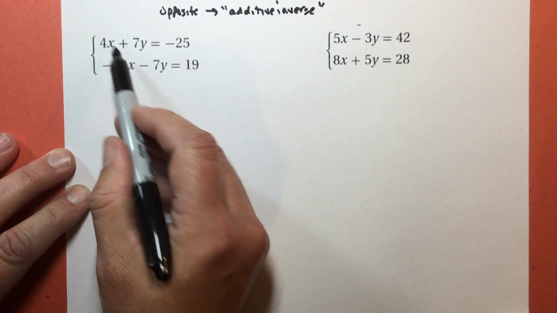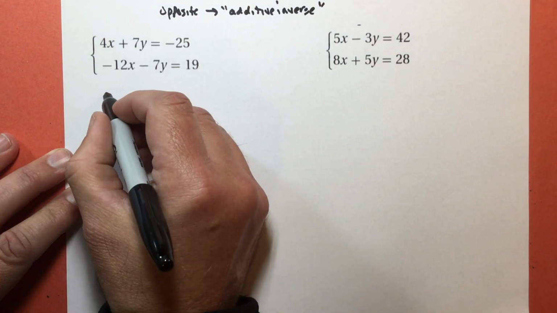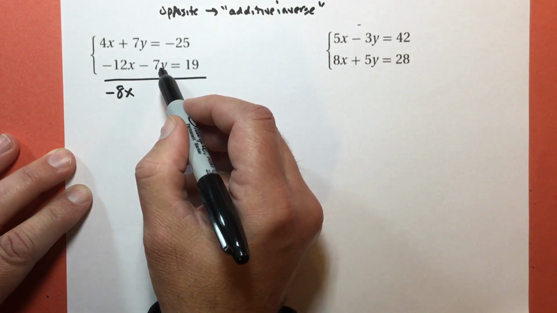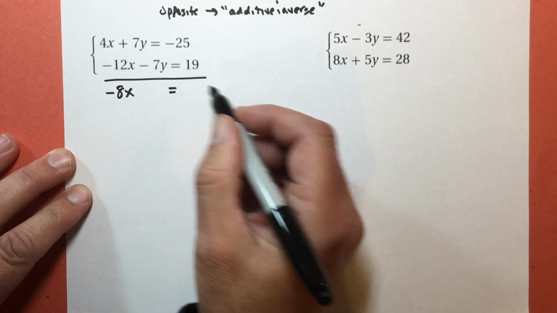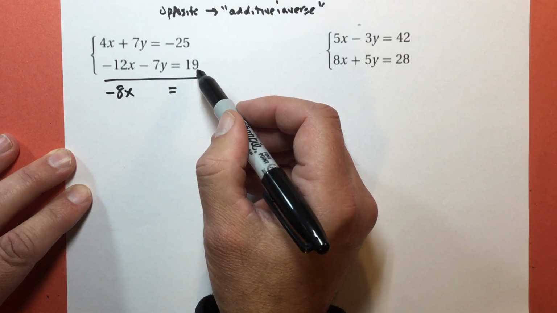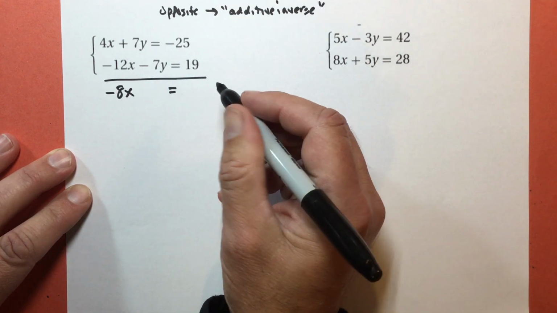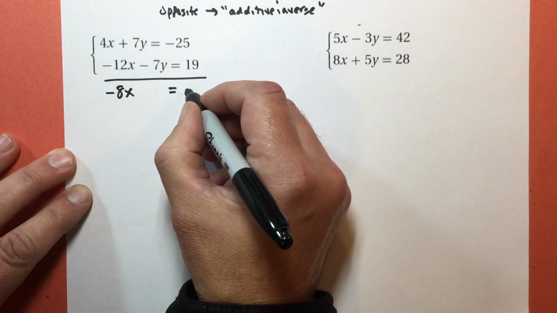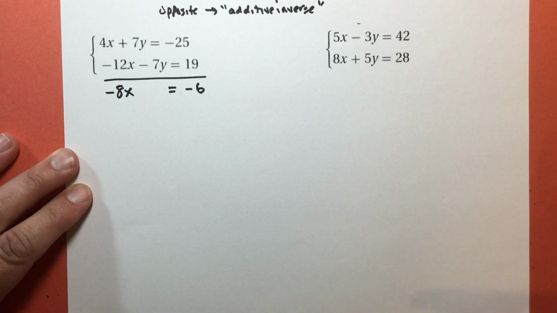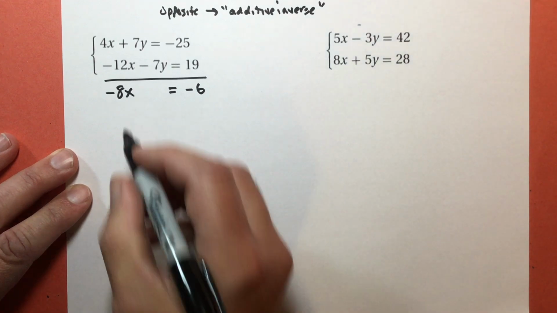So 4x plus negative 12x is going to be negative 8x. 7y plus negative 7y is 0. And negative 25 plus 19 is negative 6. Ooh, this one's kind of nasty. I don't like this one.